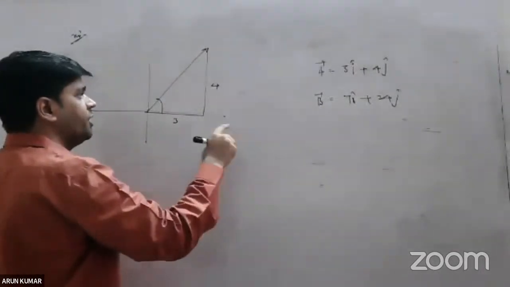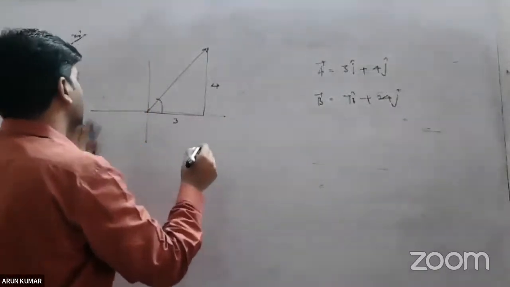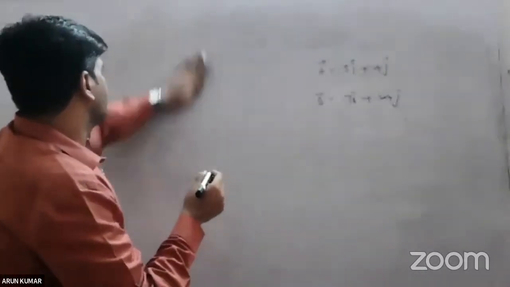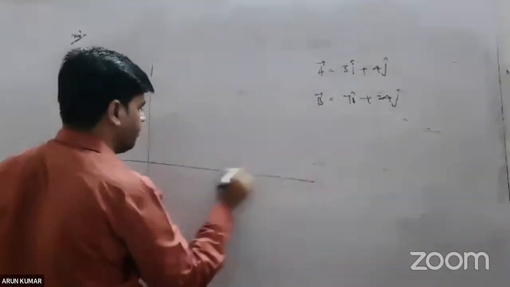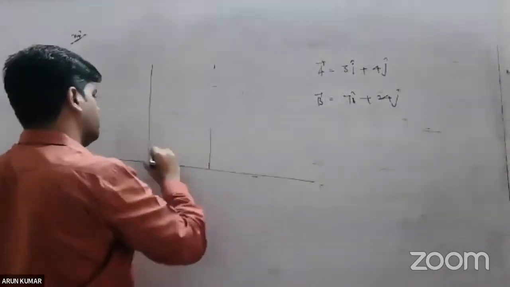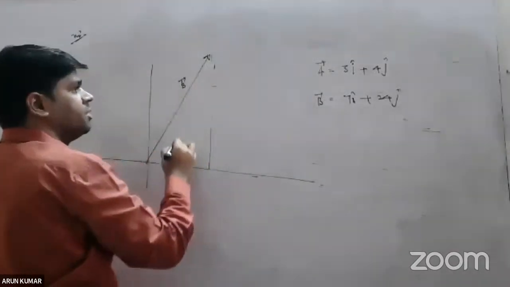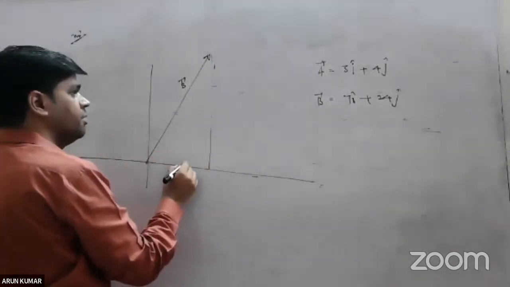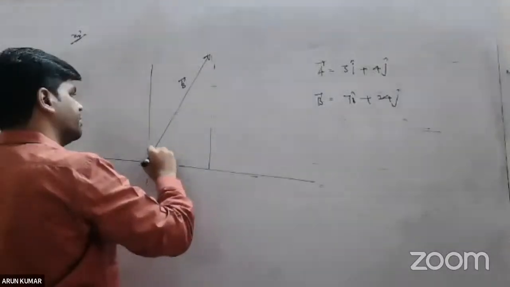B is how much? 7, 24. I'll scale it up. So this is 7, this is 24. Alright, so this is one vector, this is B bar. But A bar is 3i cap and 4j cap, somewhere here.